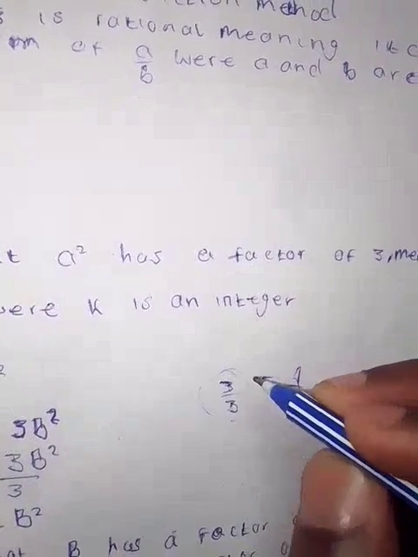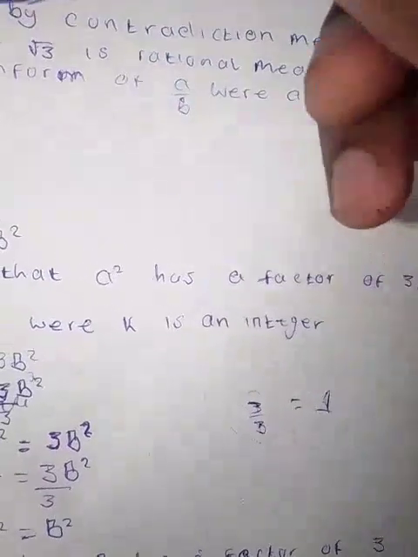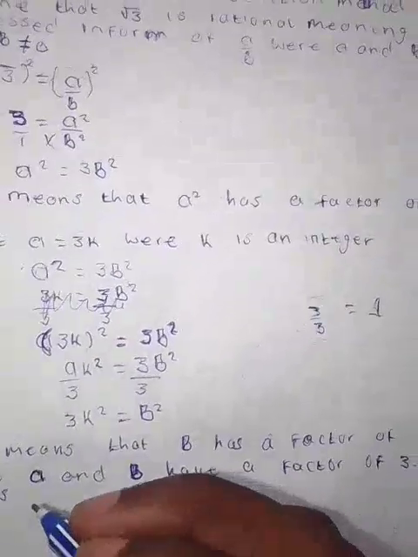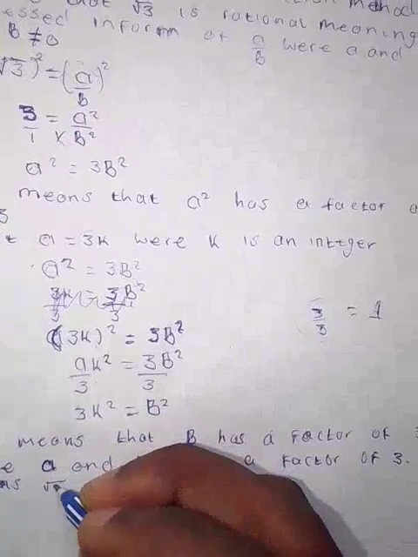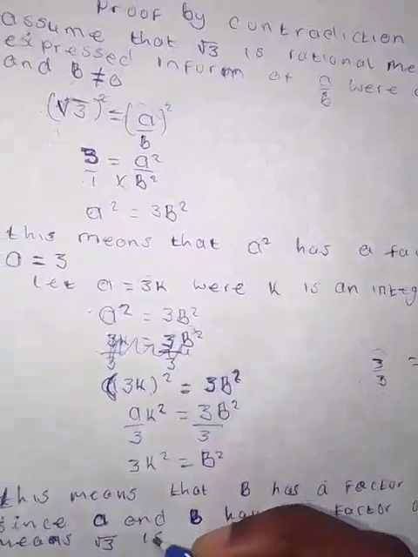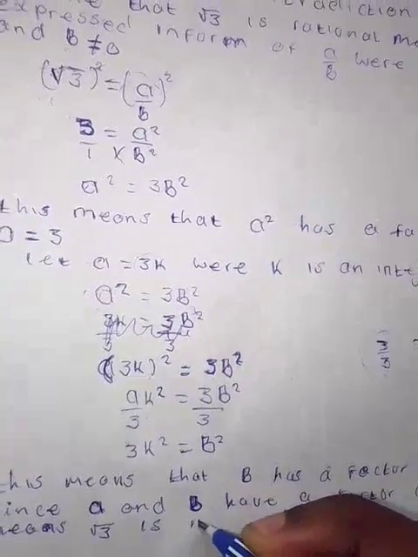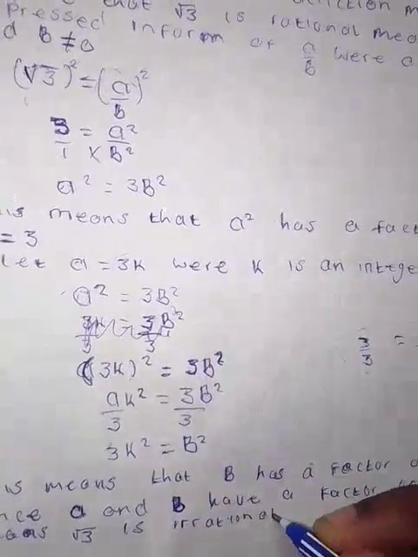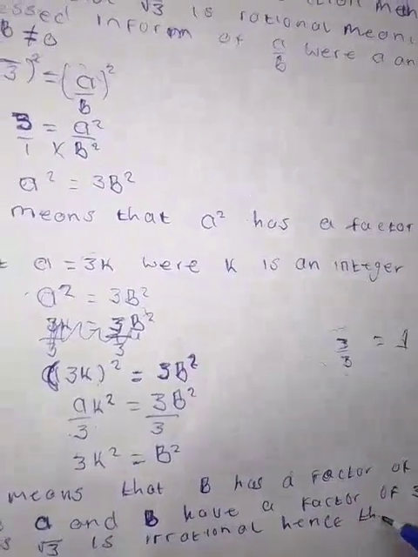So our contradiction was not true, which means that √3 is irrational. Hence the contradiction.